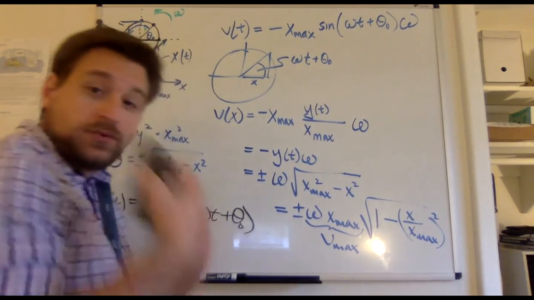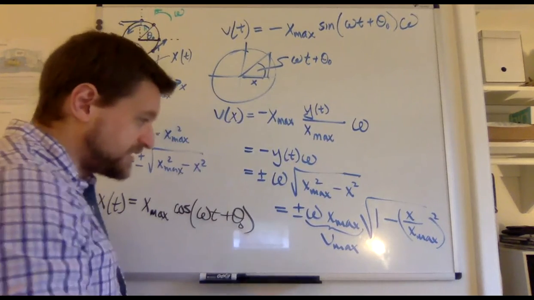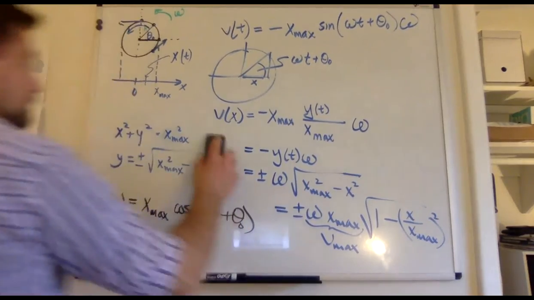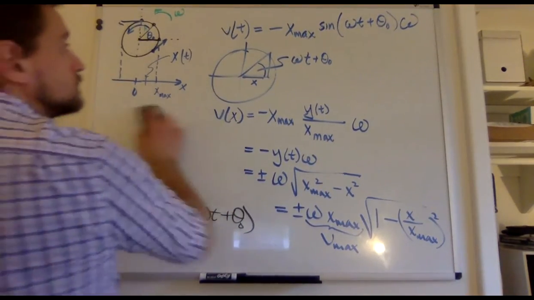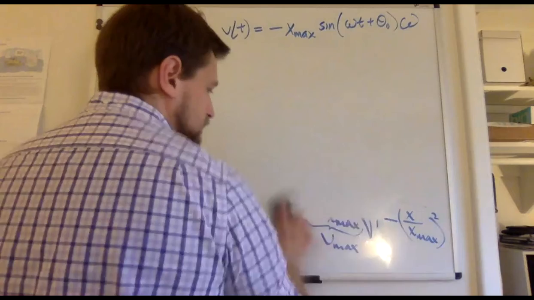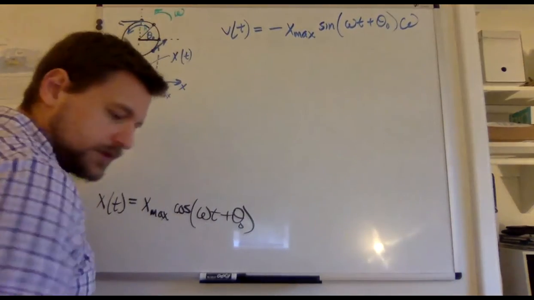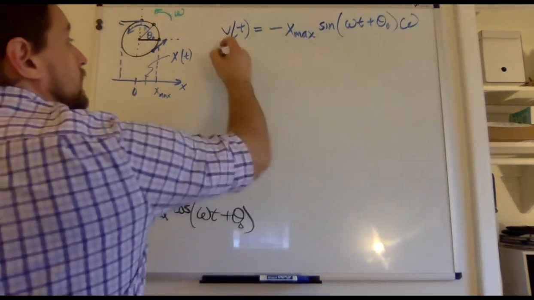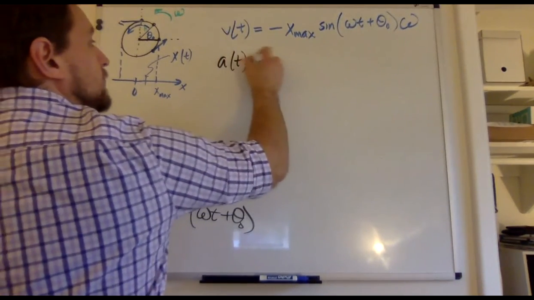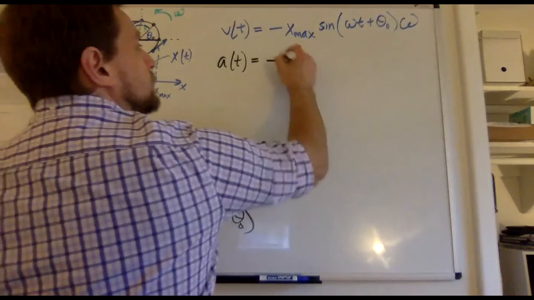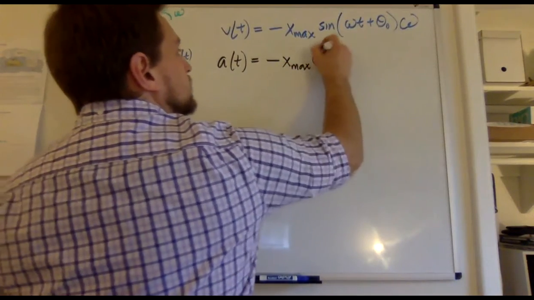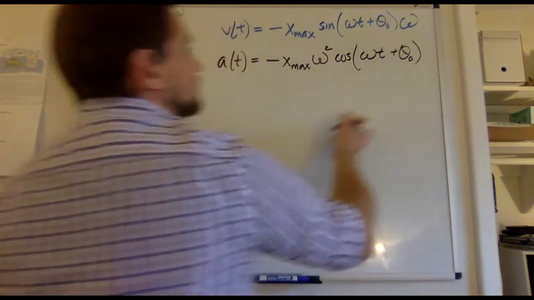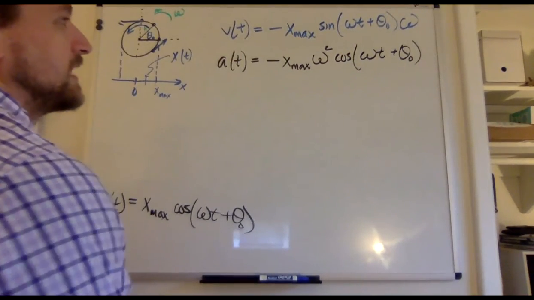Okay. So we can say a whole bunch of things about velocity. What about acceleration? We need another derivative, and we wrote it a second ago. Acceleration as a function of time should be negative x max omega squared cosine omega t plus theta 0. And that's the whole story.